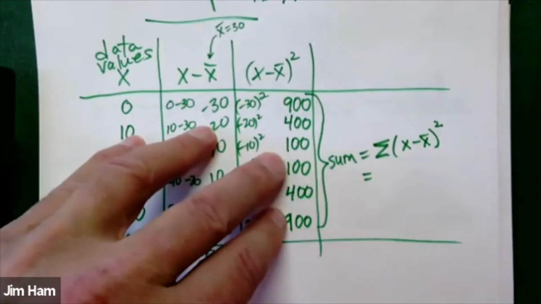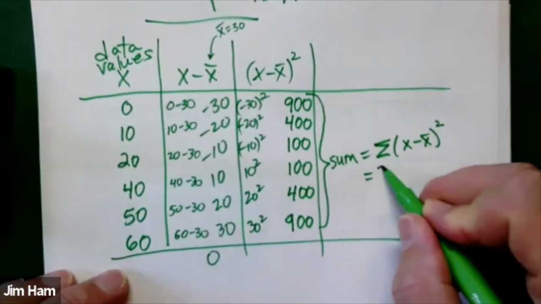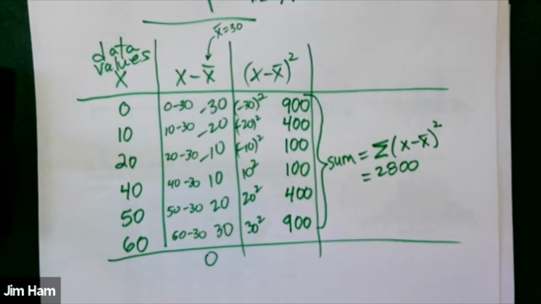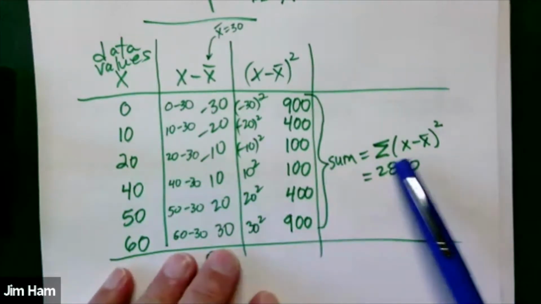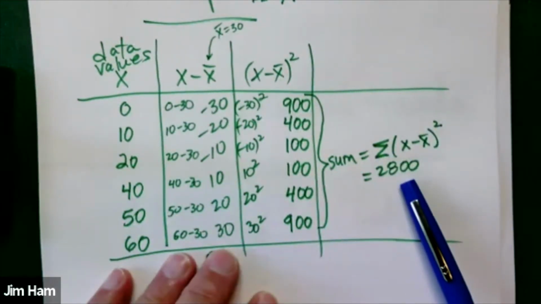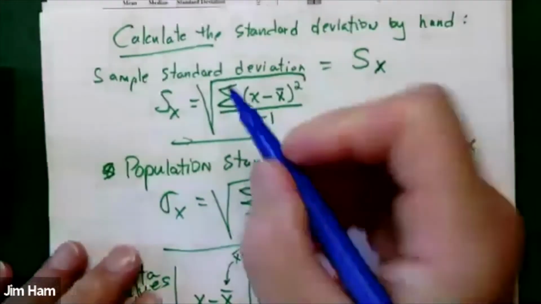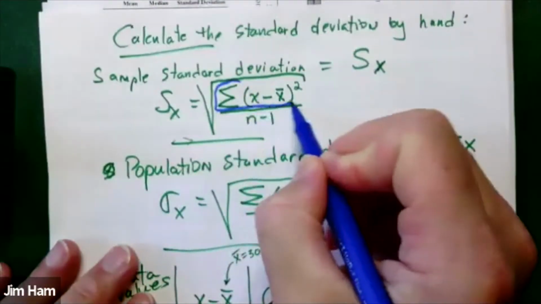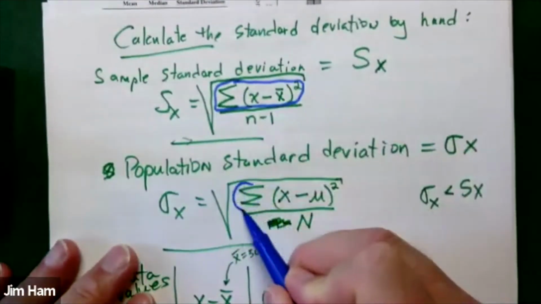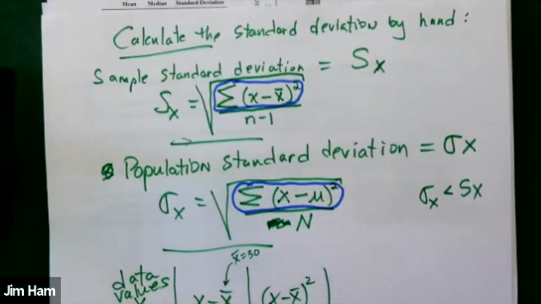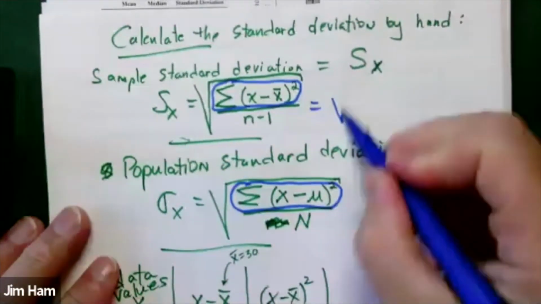Well, there's another 1,000. 1,000, 1,000, and 800. That's 2,800. All right, we're almost done. This result is 2,800. It is precisely this number up here. If you're doing the population standard deviation, it would be that number right there.